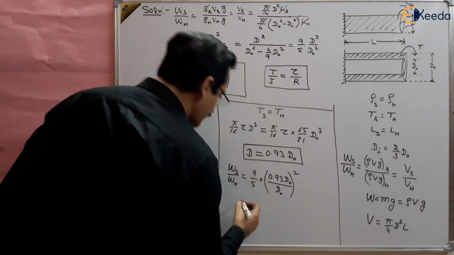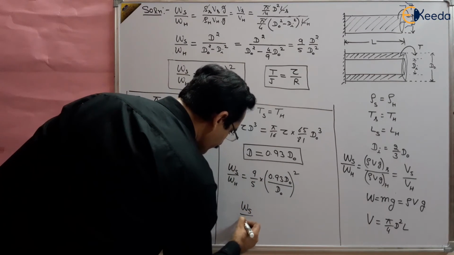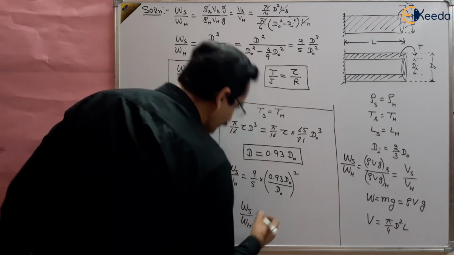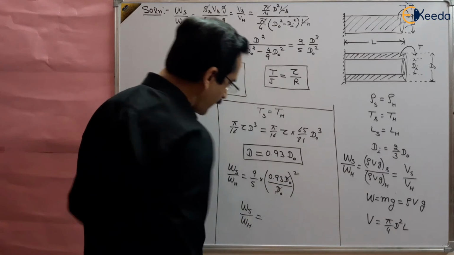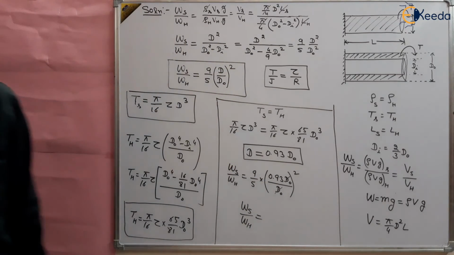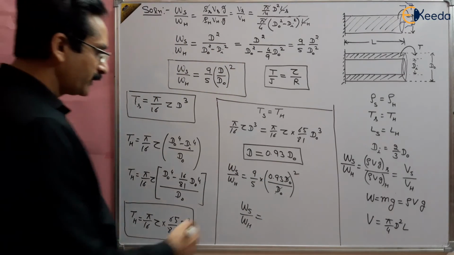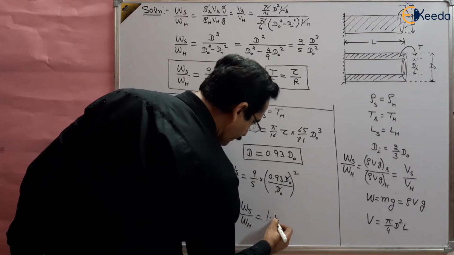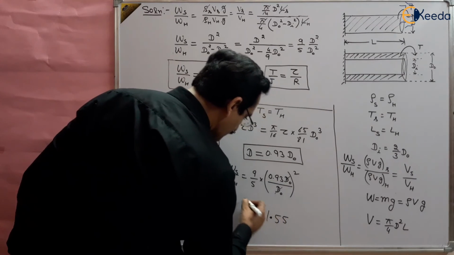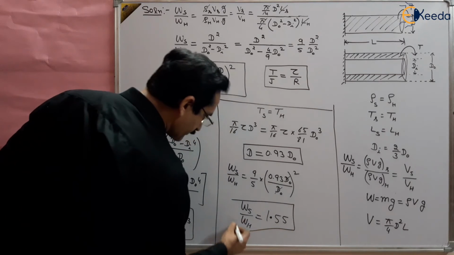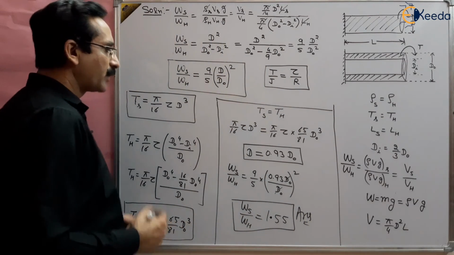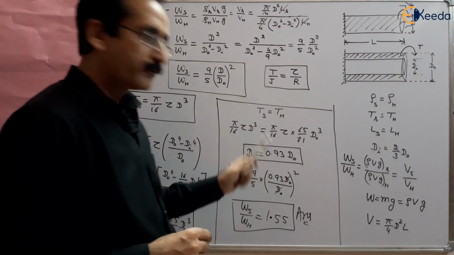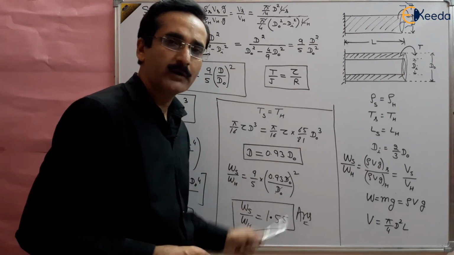Solve it and you will get the ratio of solid shaft to hollow shaft. Do will cancel out and you will get the final result, 1.55. So this is the answer to this question. This is how we have obtained the ratio of weight of the solid shaft to the weight of the hollow shaft.